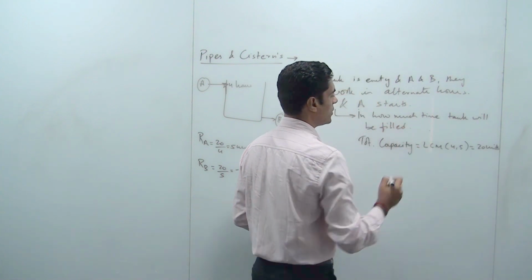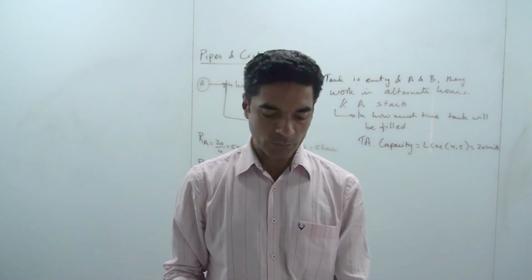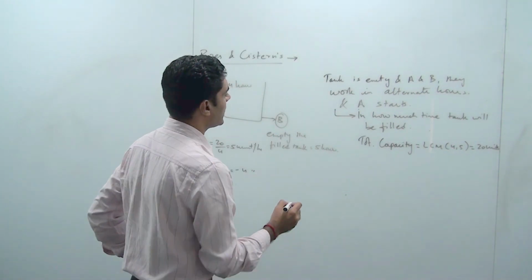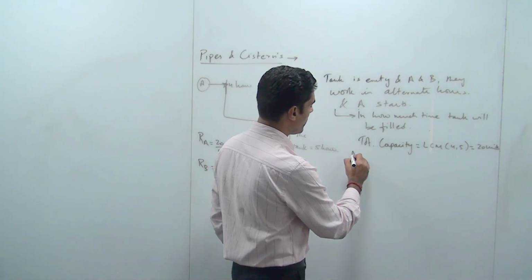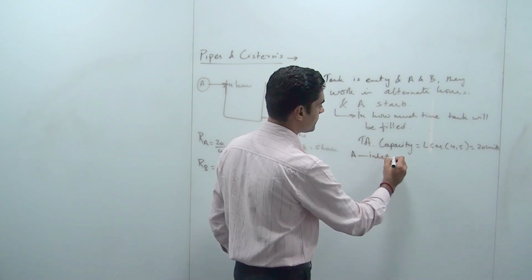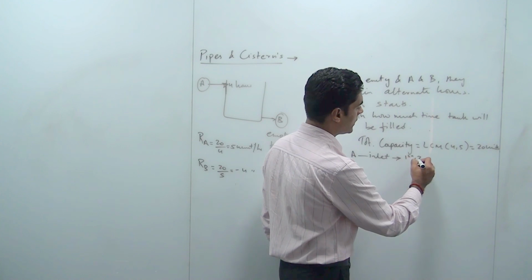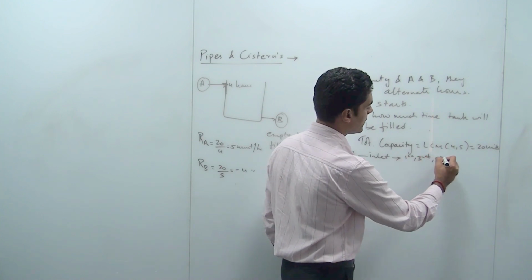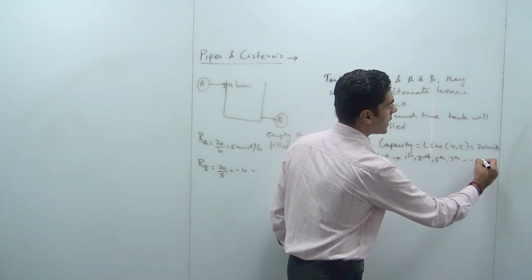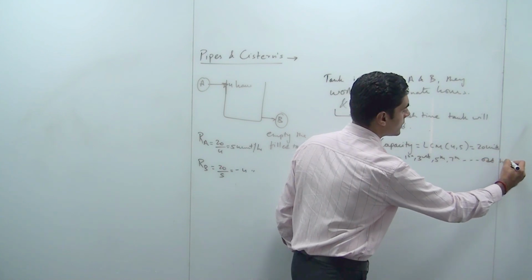Now you need to think very logically. We can infer that pipe A, which is an inlet pipe, is always working in the first, third, fifth, seventh, that means in odd hours.